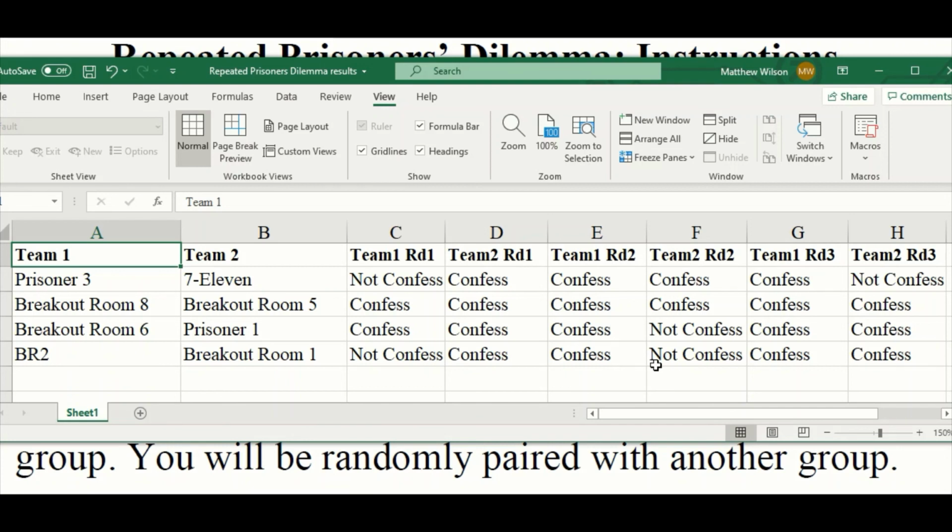Then they went back to the Nash equilibrium of everyone confesses in round 3. So there are some attempts at cooperation, but we never quite got an outcome where both sides didn't confess, so the cooperation didn't quite work out, though there were some cases here that are difficult to explain.